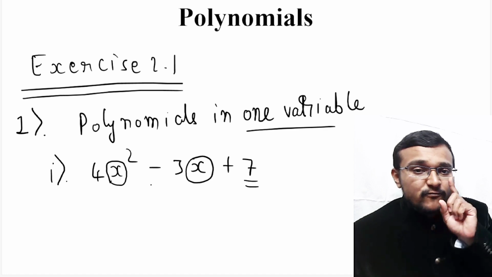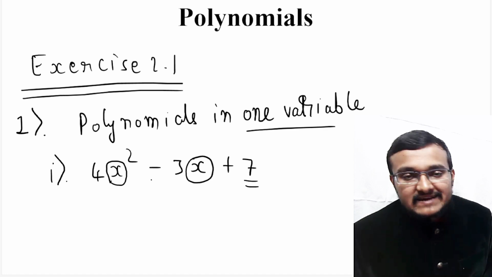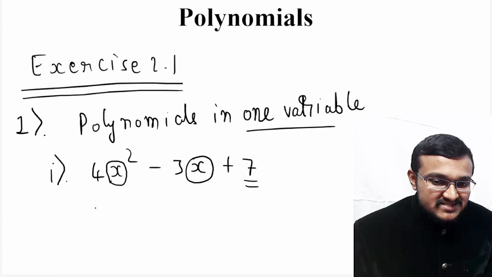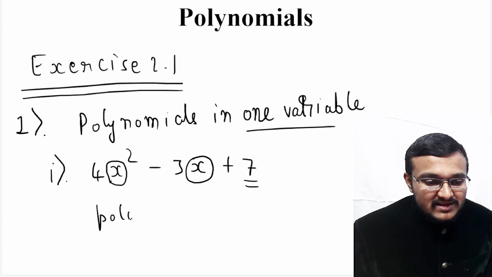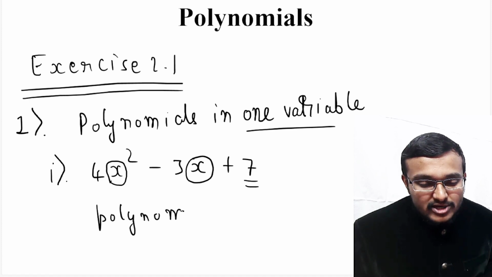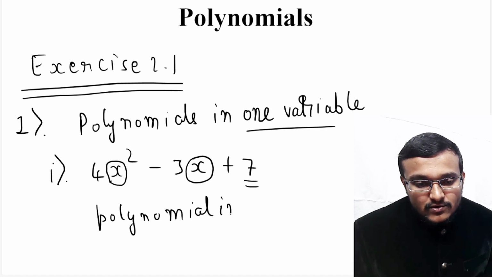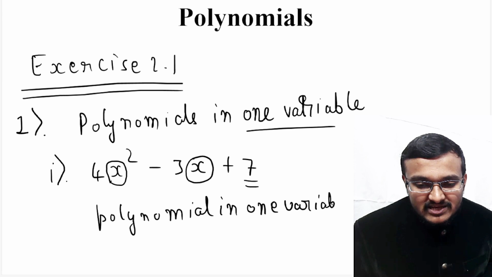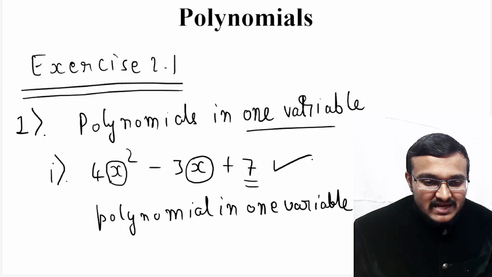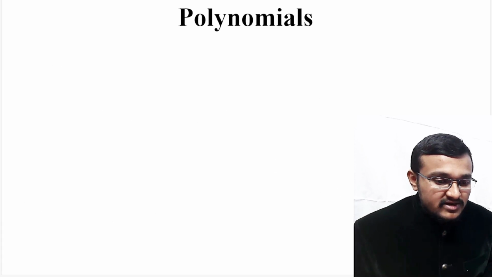So that means only one variable is there in this entire polynomial. So this is a polynomial in one variable. Instead of writing polynomial in one variable all the time, I'll just put a tick mark in front of this first expression in the first question.